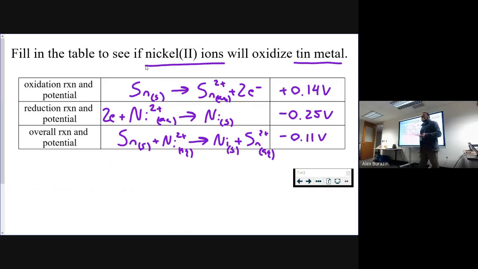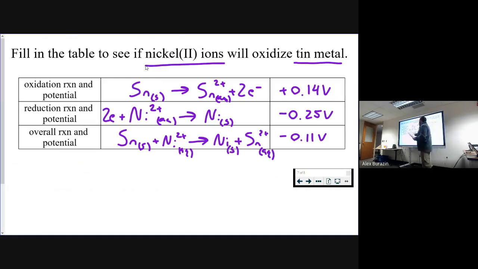How could I make this a working battery? Go the other way. Now, it would only be providing me 0.11 volts of potential, but that's at least positive. If it's negative, I can't do a darn thing.